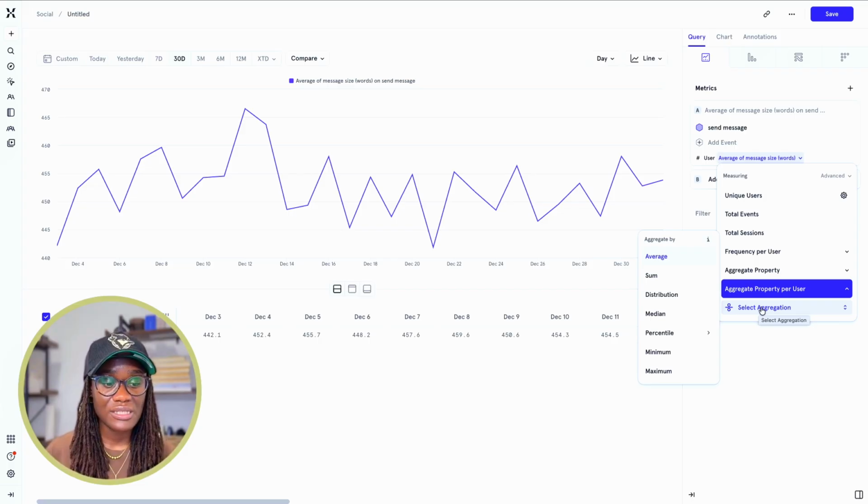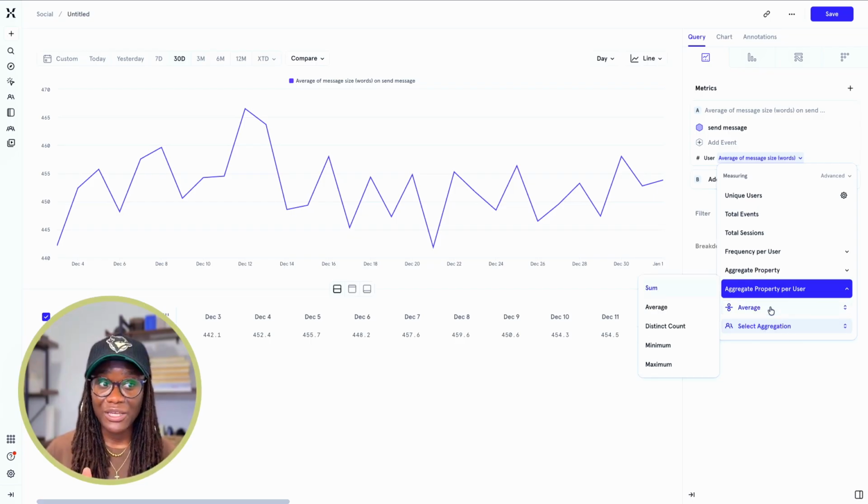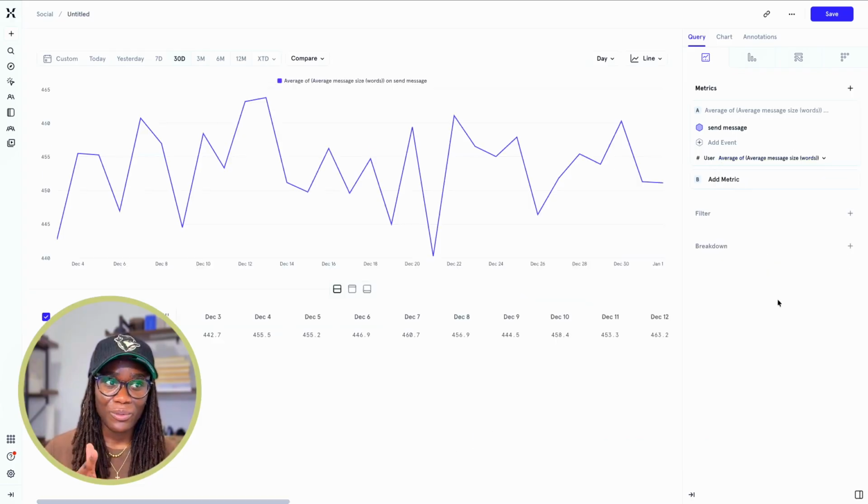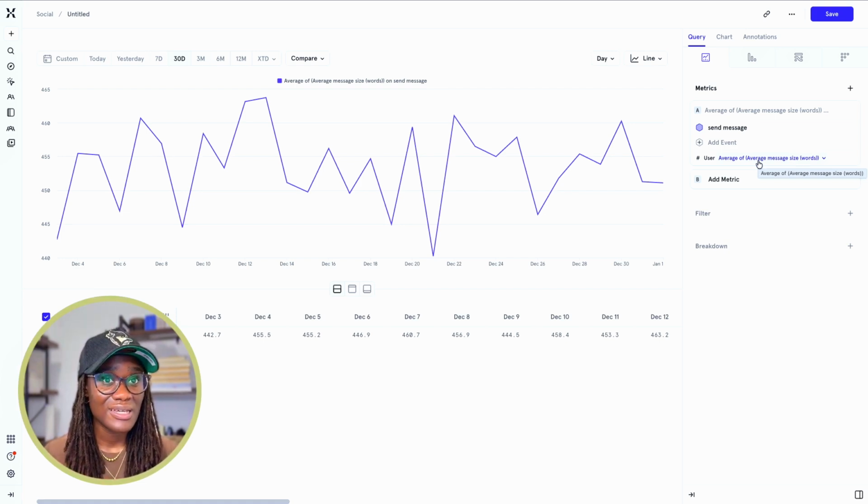And so in this case, using the send message example, we can still select, let's say, an average per user and then do another average by selecting the property. And so instead of just aggregating on average for every user, we are doing an average for a user first and then doing an average across every user based off of the average of every user.